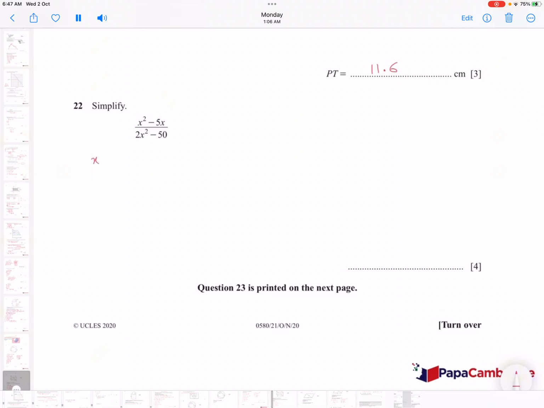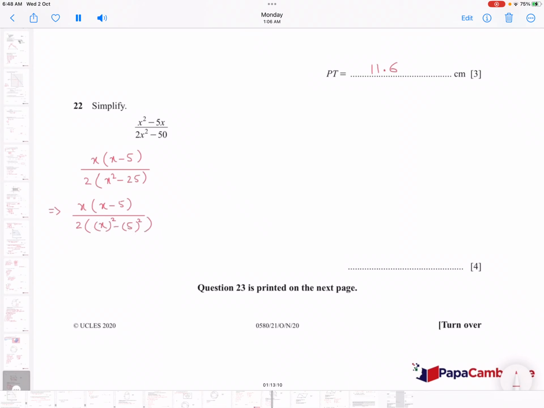Question 22, simplify x squared minus 5x over 2x squared minus 50. So take x common in the numerator. So it becomes x into x minus 5, and now 2 common, so x squared minus 25. So x squared minus 25, further we can write it like this: this is the square of x and this is the square of 5.